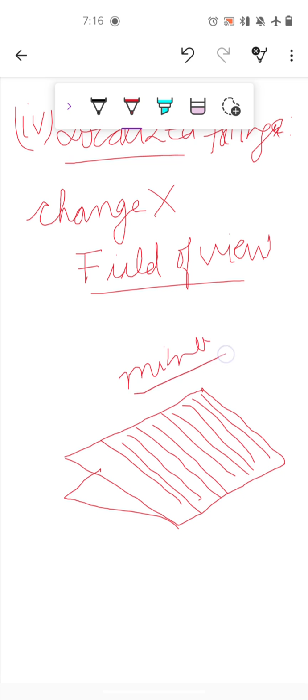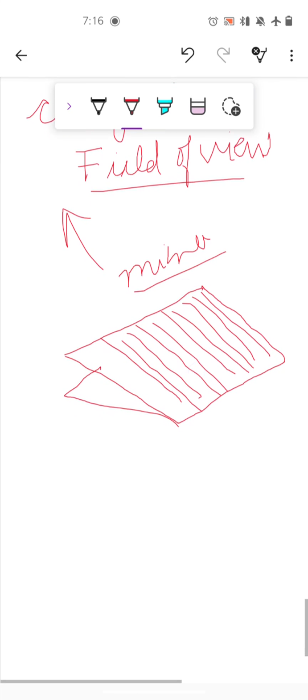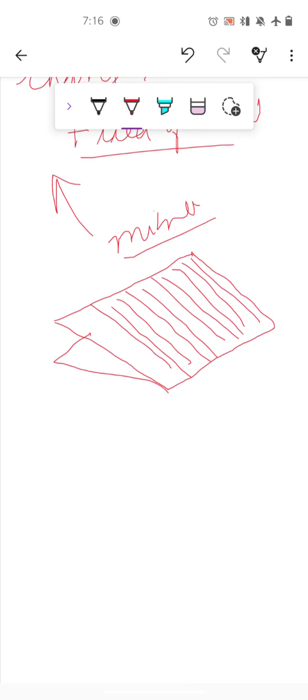All the fringes are localized; they do not change position as we move the microscope farther or nearer. These are stable fringes, so we can say these fringes are localized.